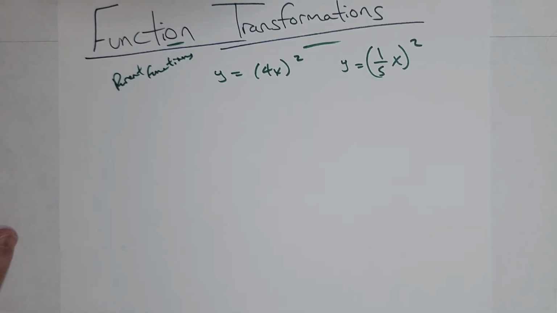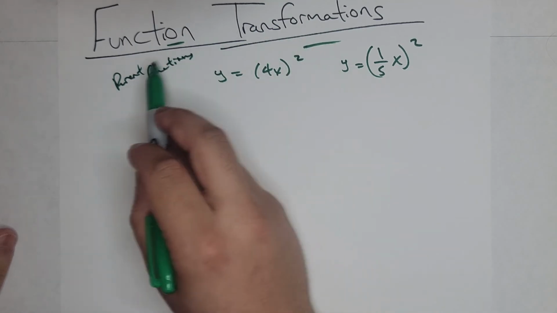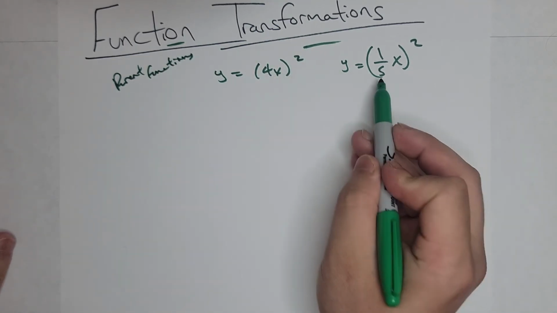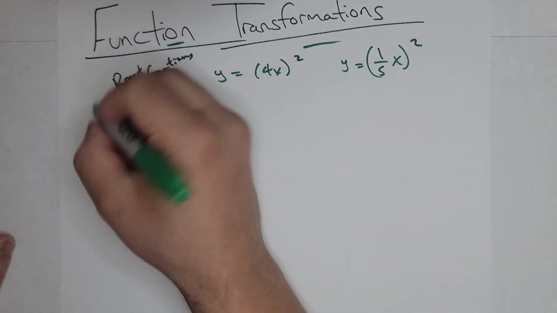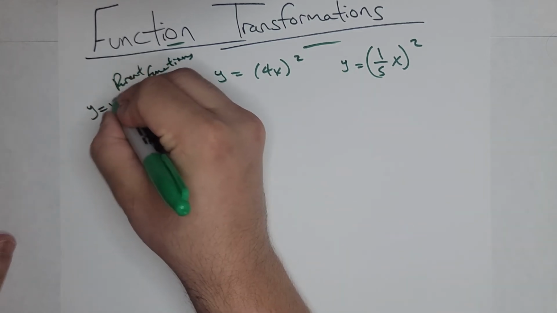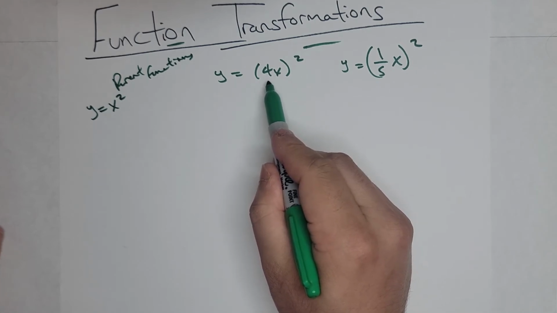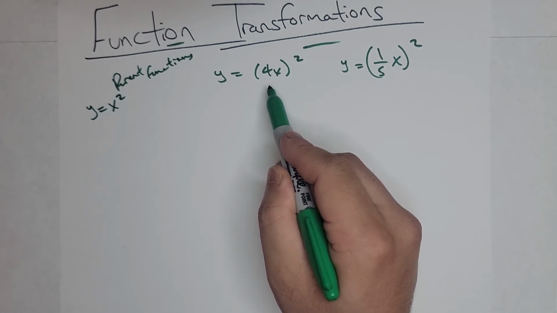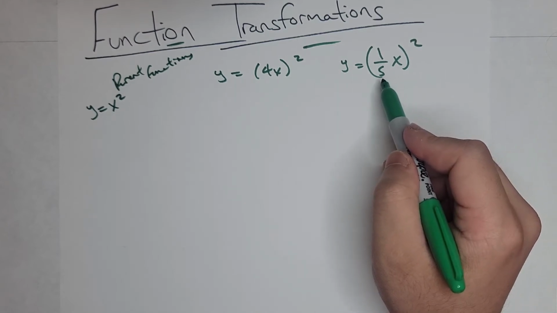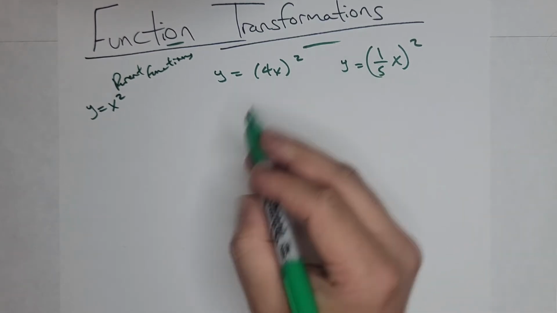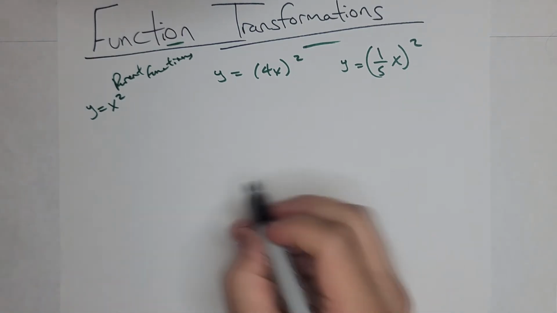So we have these 2 functions, and basically we want to see how the difference in these 2 values matters. Both of these come from this function, are quadratic. The only difference is one has a positive integer 4 in front of it, and the other one has a fraction. So let's look at how that happens.